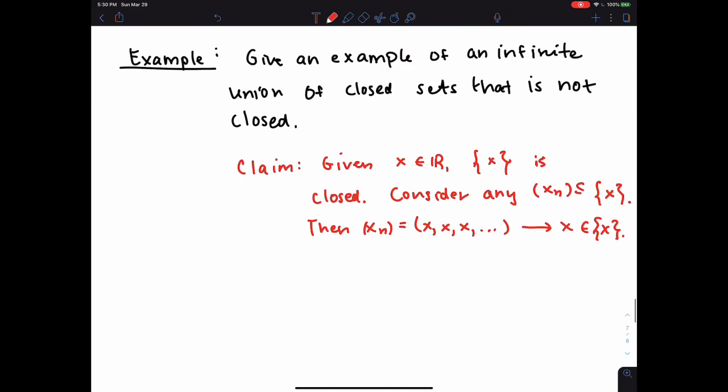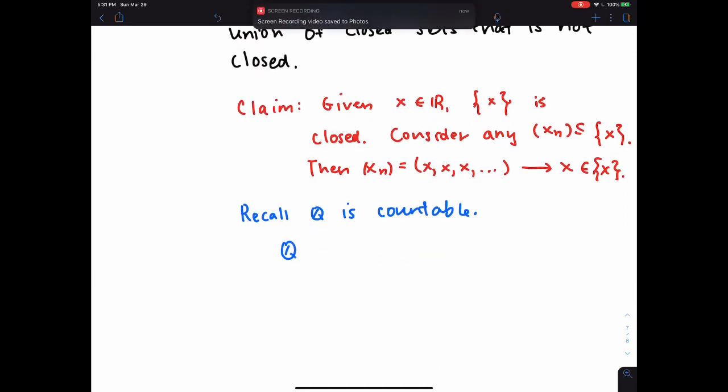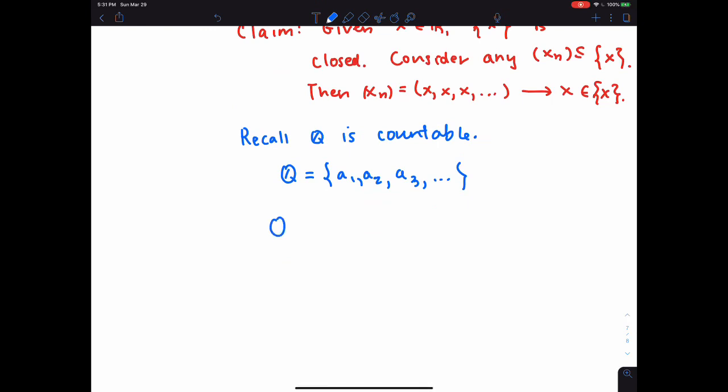Now I'm going to be clever. Recall Q is countable, and remember what that means: we can enumerate its elements. So I could think of Q as the union from n equals 1 to infinity of these sets that contain just one of the values that I've listed.